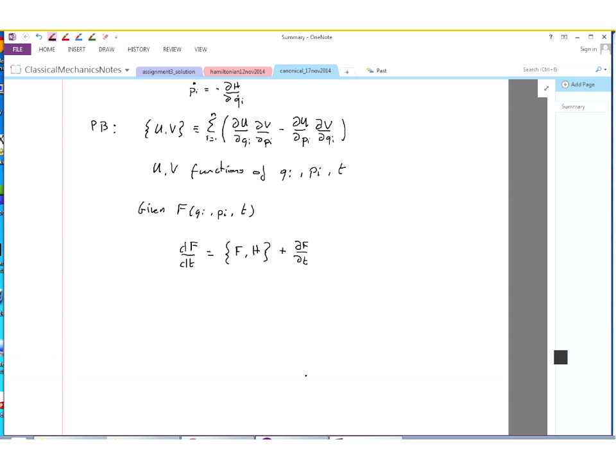And then more generally, we looked at transformations and symmetries again, but now using the formalism of the Poisson brackets.